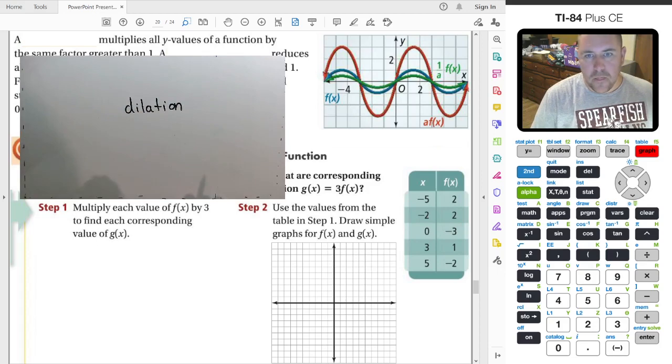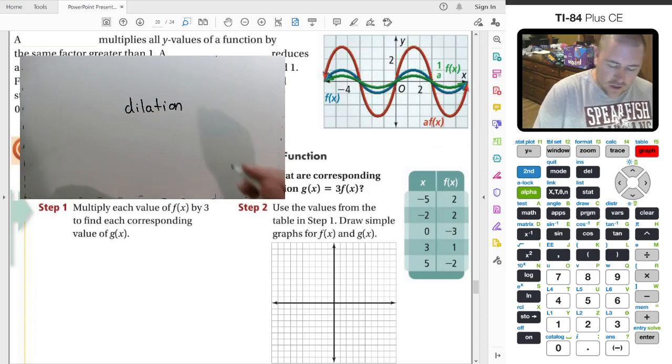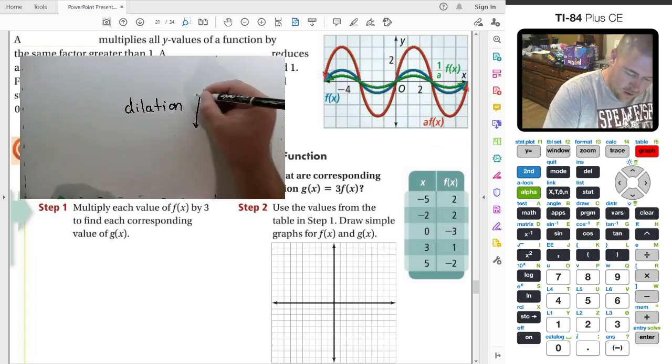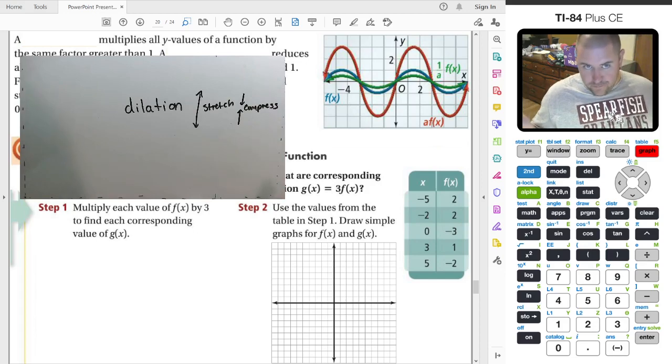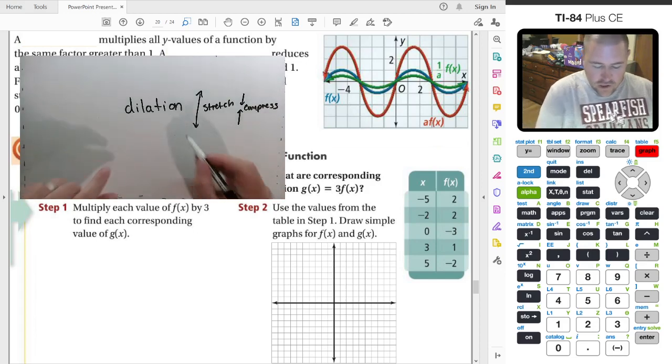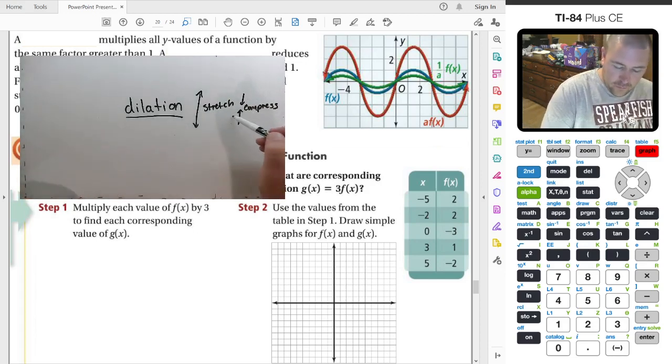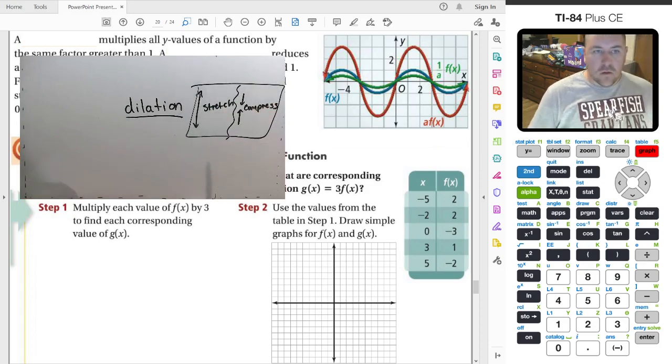A dilation can either be a stretch or it can be a compression. It can be either one. So dilation is the umbrella term for both of these.